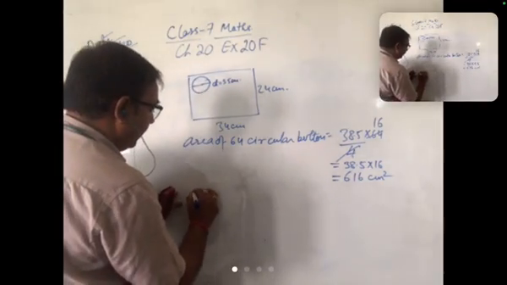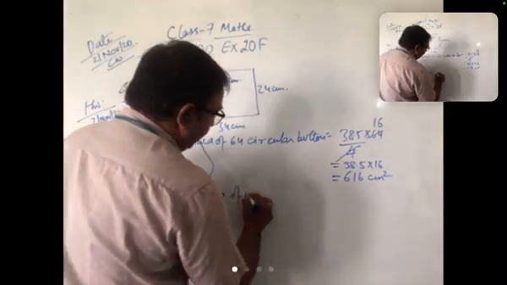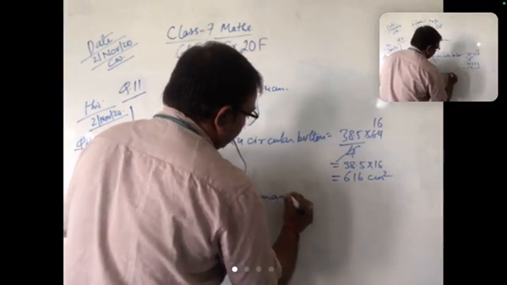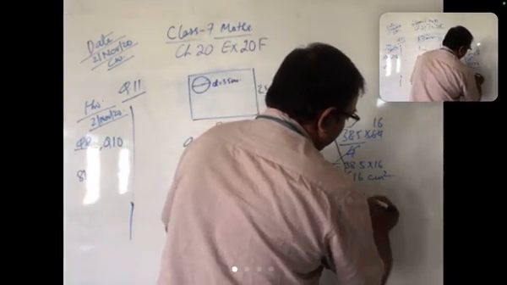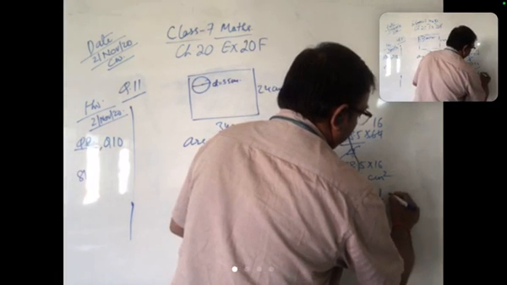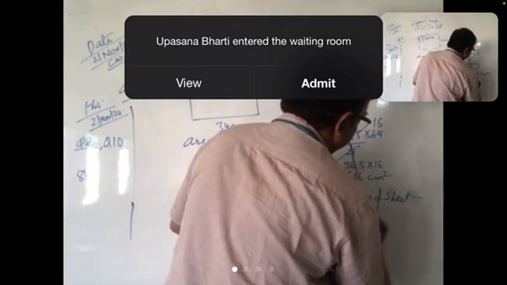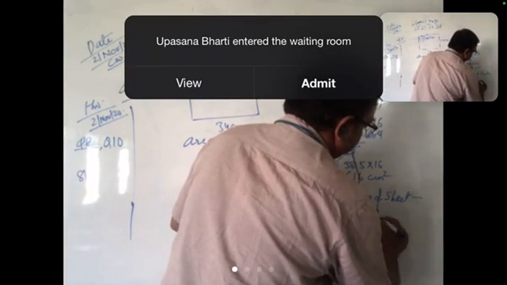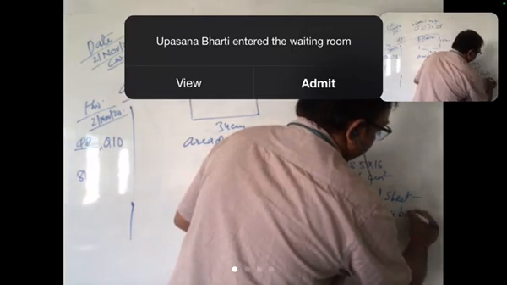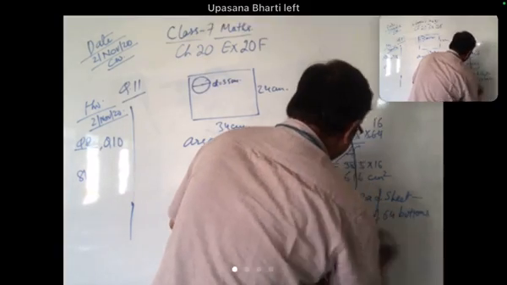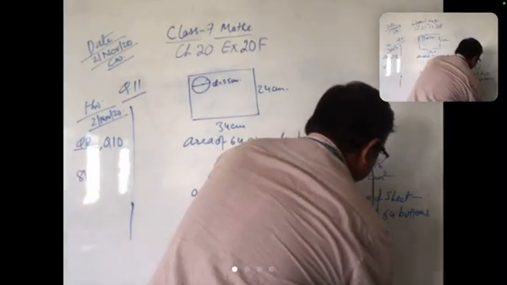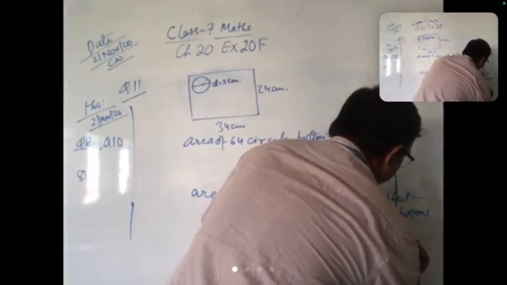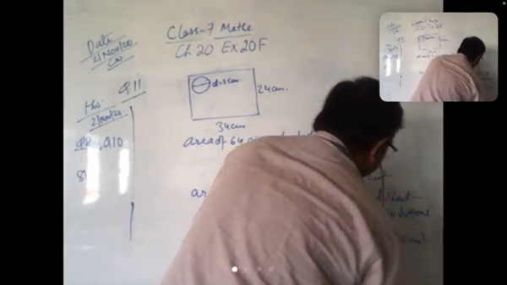So, now the area of the remaining sheet is equal to area of sheet minus area of 64 buttons. So it will be 816 centimeter square minus 616 centimeter square.